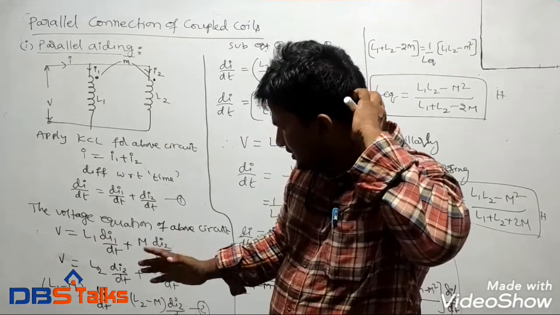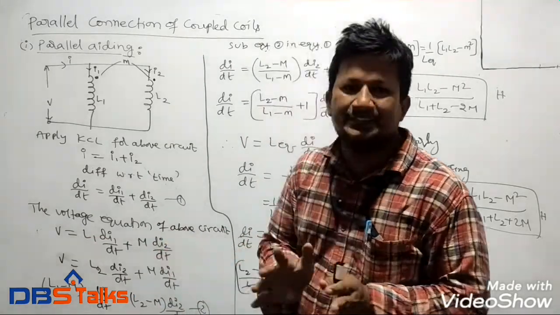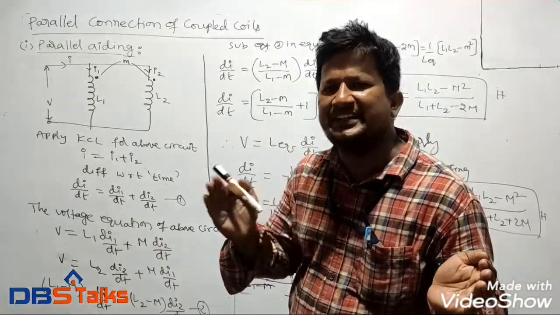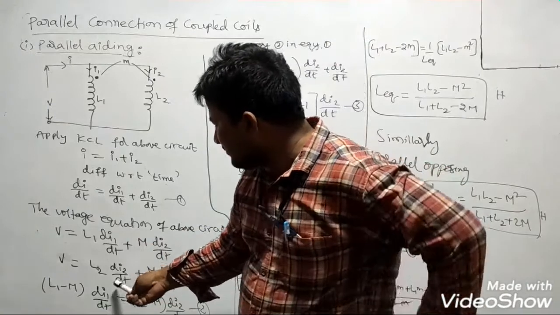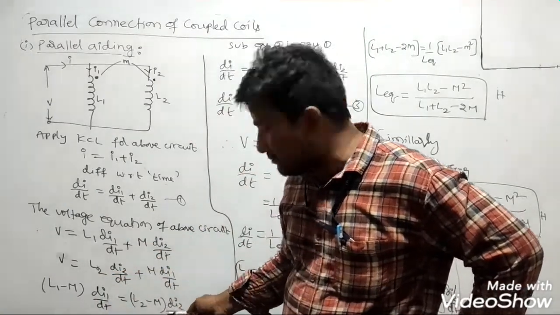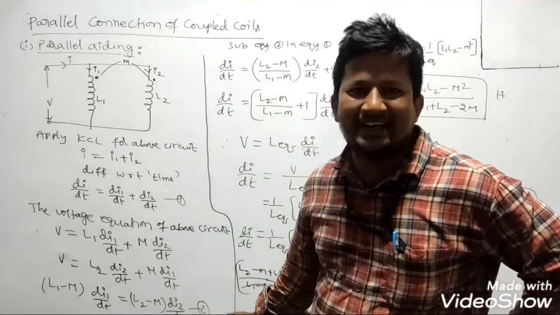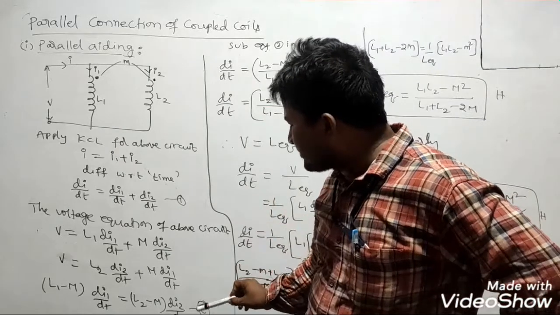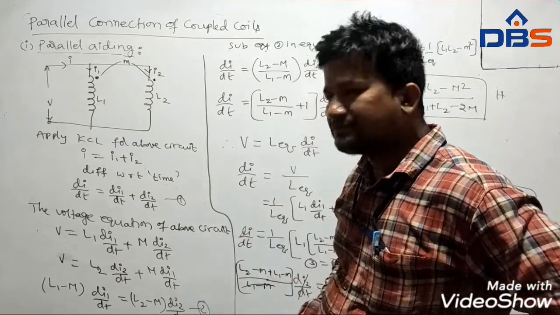Now arrange, putting dI1 by dt terms on one side and dI2 by dt terms on the other side. So (L1 minus M) dI1 by dt equals (L2 minus M) dI2 by dt, that is taken as equation number 2. Now substitute equation 2 in equation 1.